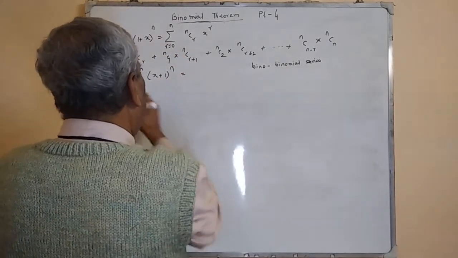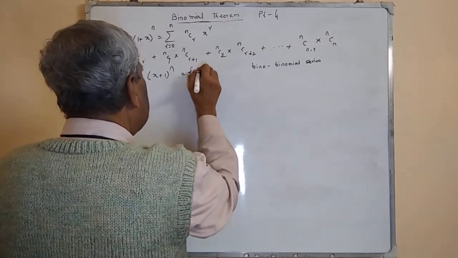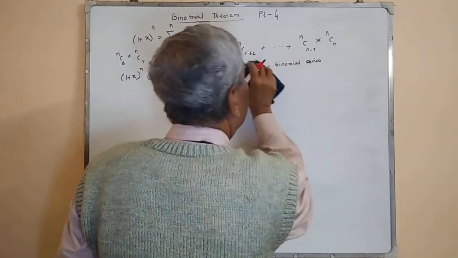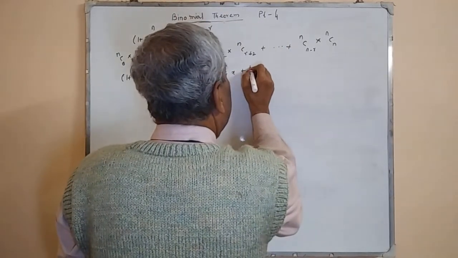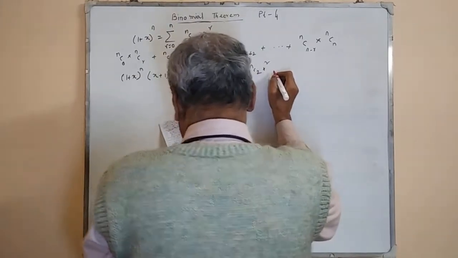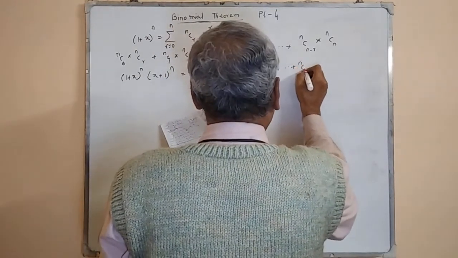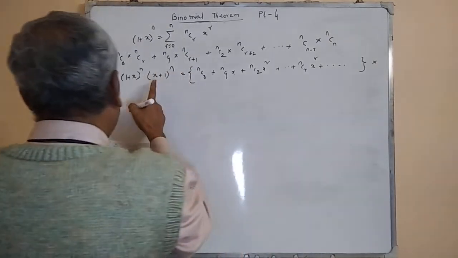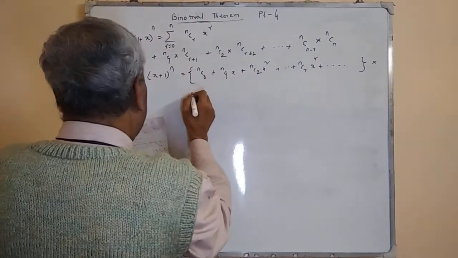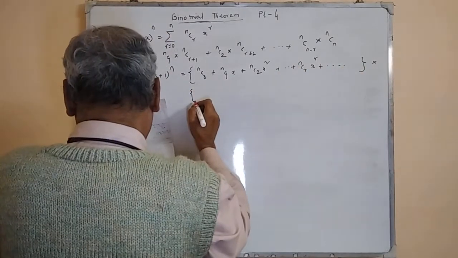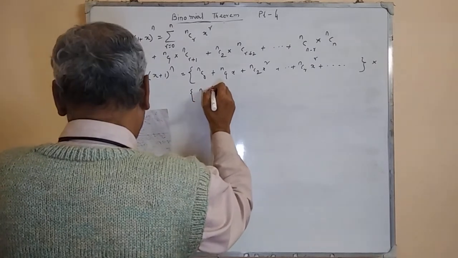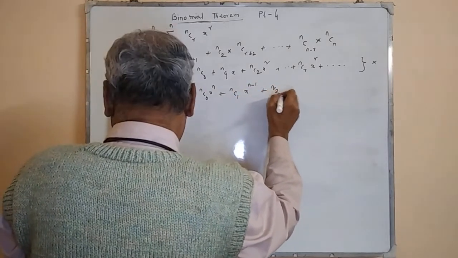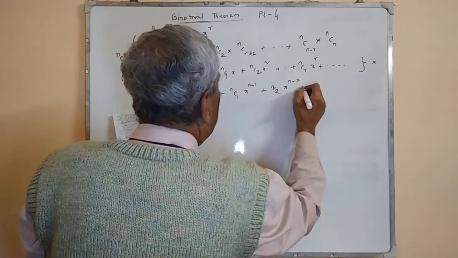The first one is equal to nC0 plus nC1 x plus nC2 x square up to nCr x to the power r and so on, into the expansion of that, which is nC0 x to the power n plus nC1 x to the power n minus 1 plus nC2 x to the power n minus 2 and so on.